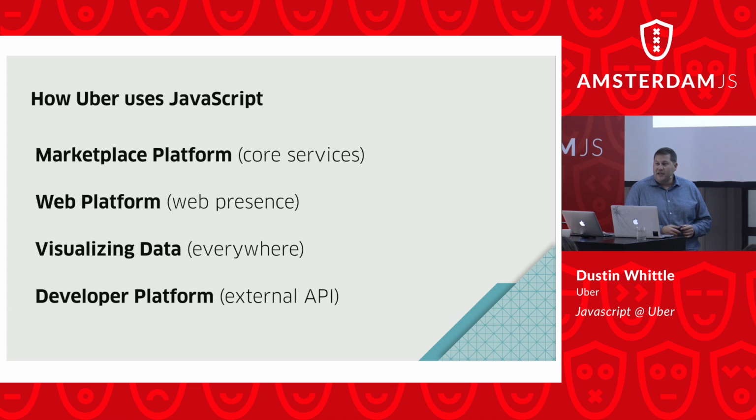Three, visualizing data. We understand that every city is unique, so to understand how cities work, we gather and visualize a lot of data to allow city managers to understand how traffic flows in a city, how supply and demand works, et cetera. And four, we use Node.js as an interface to all of our external APIs for our developer platform.